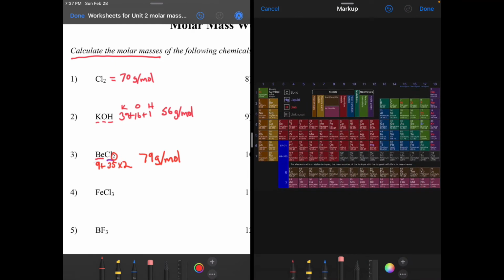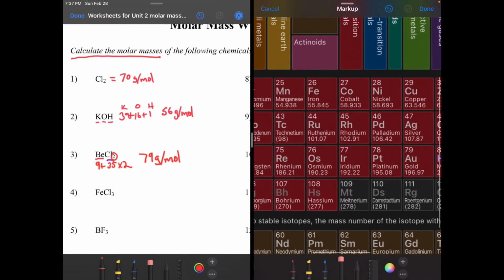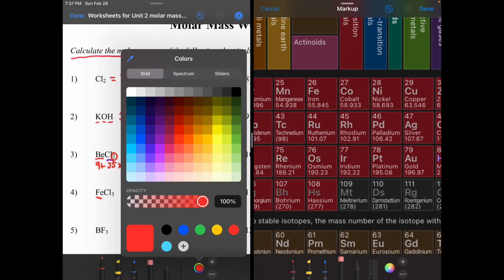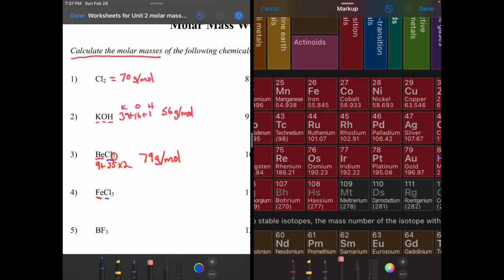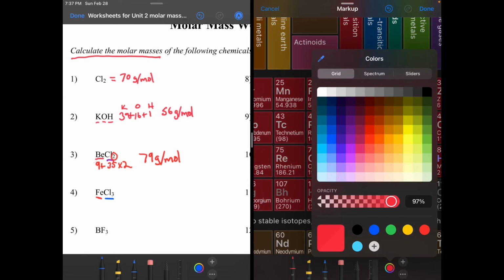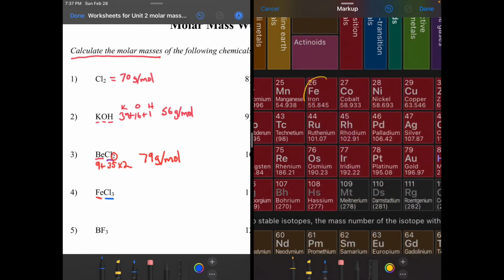Let's do iron chloride. So we're gonna find our iron. We have 3 chlorines. So right here we have iron, and then we have chlorine. Let's do this, chlorine, and that's gonna be times 3. But here's our iron. Let's do a different color here, just because.